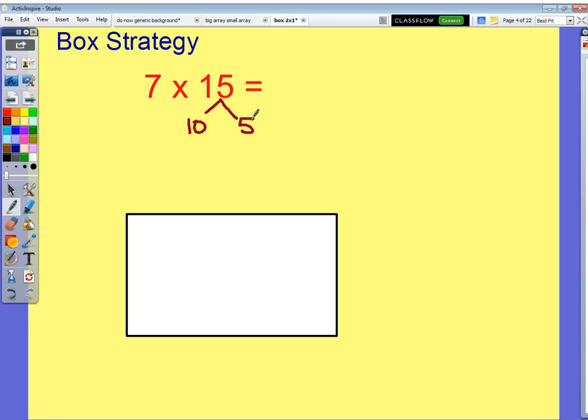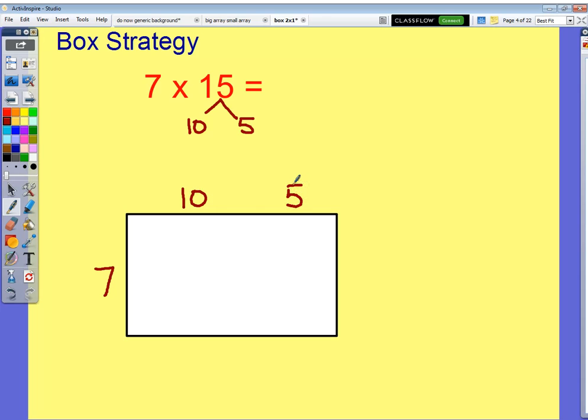Now here I've drawn the outline of a 7 by 15 array, right? And notice that the length of my box is much longer because 15 is longer than 7. So I'm going to label my big array here, 7 rows. But on the side where I write 15 in each row, I'm going to split it up into a 10 and a 5.